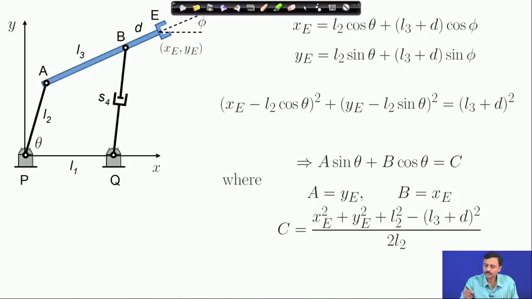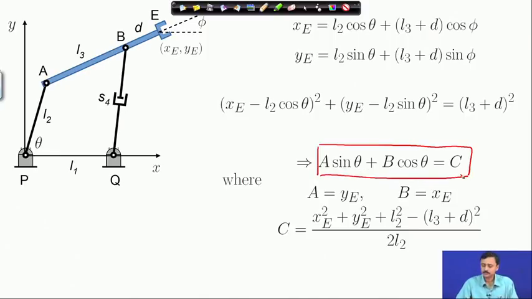Remember we are to find out theta, and these terms a, b and c are completely known because y e and x e are given to us. So, we need to solve this equation in order to solve for theta.